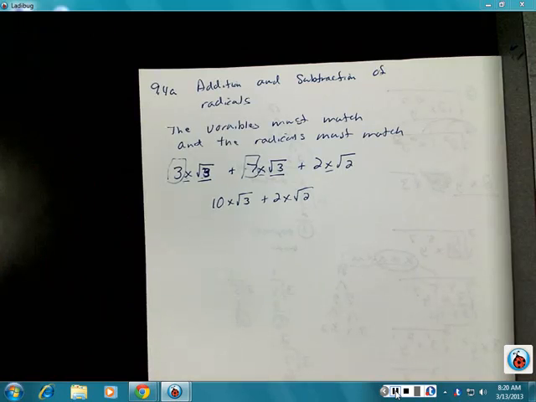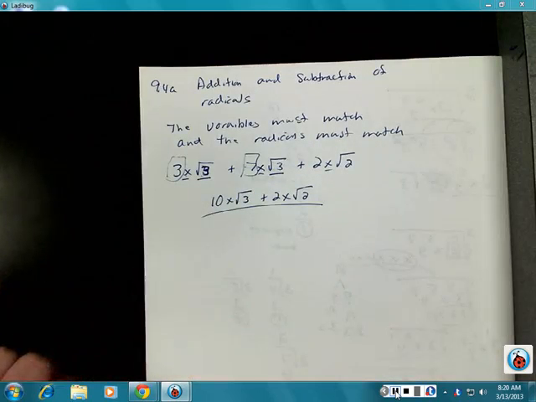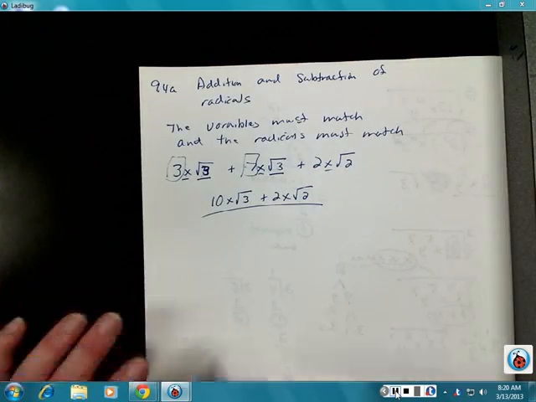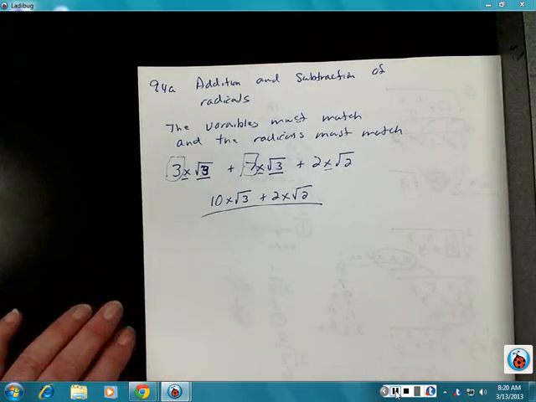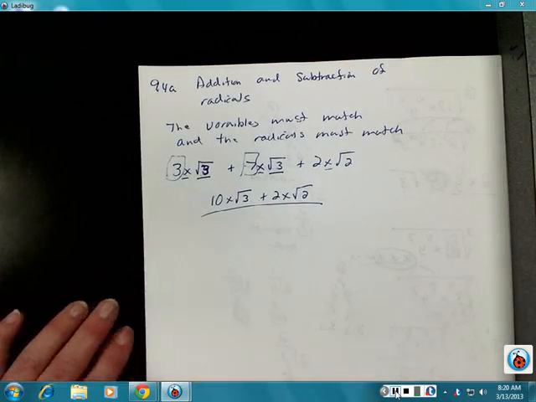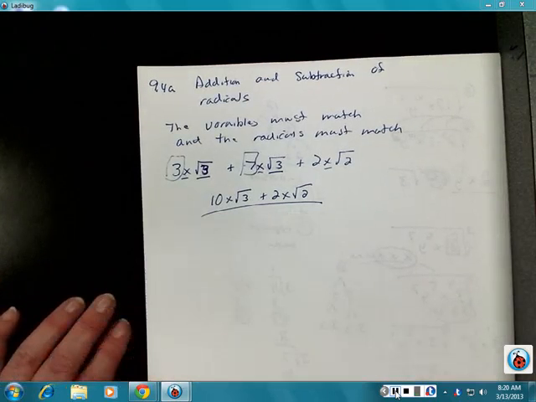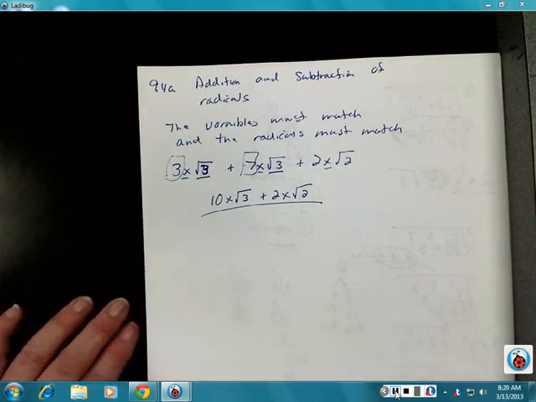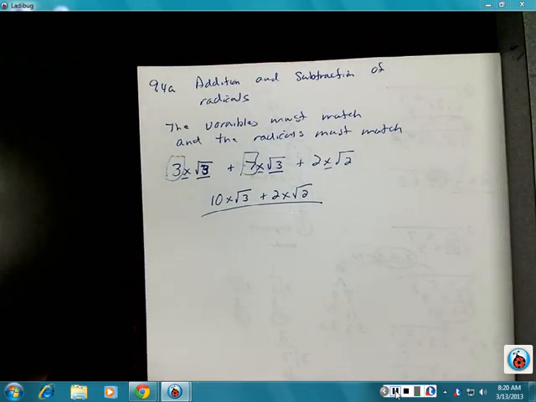And so this would be my answer that I would put into Hawks. So that's what we end up doing with these: you look for stuff that matches to see if we can combine some things together.